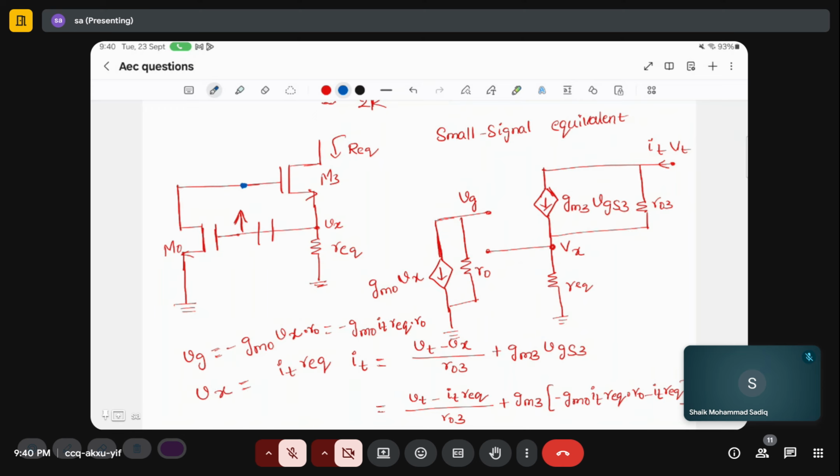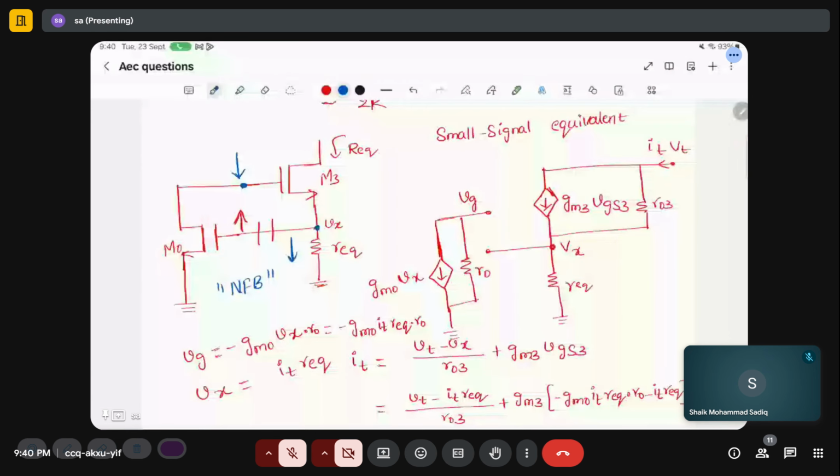The current decreases, so this node potential decreases. So what happens to this potential next? The ID will decrease, then VX decreases. So it is a negative feedback loop.